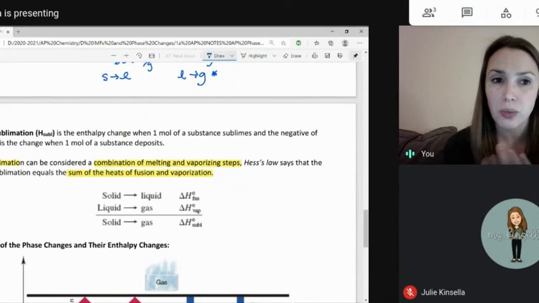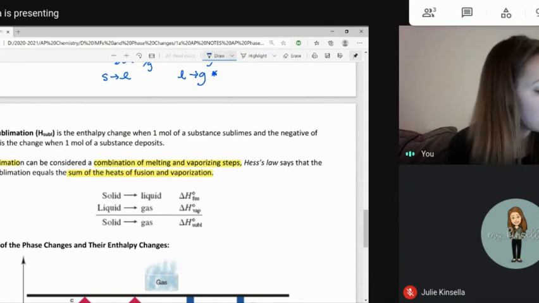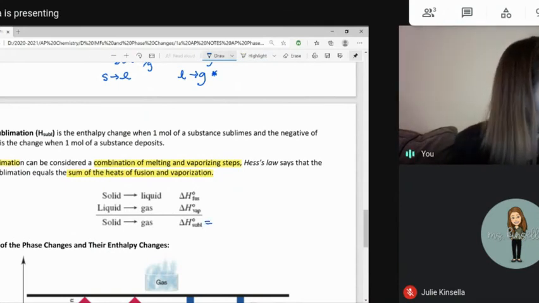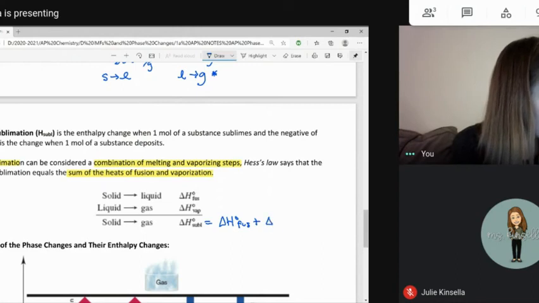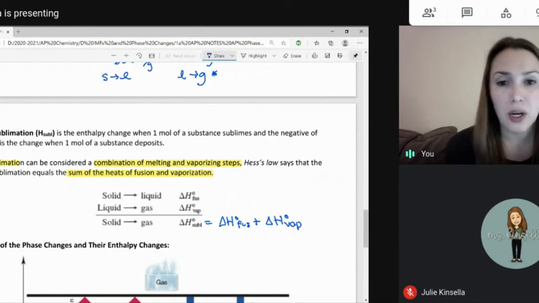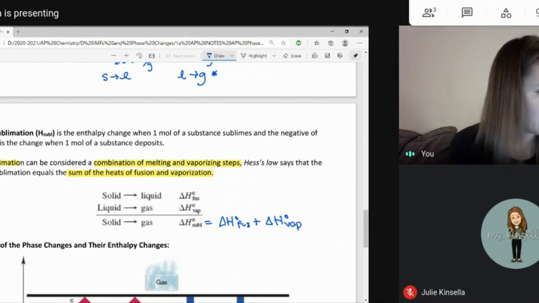I've actually seen a question where you had to add these values together to get that. So the heat of sublimation is the heat of fusion plus the heat of vaporization. And that little notch up in the top is just for standard conditions, which we'll talk about.